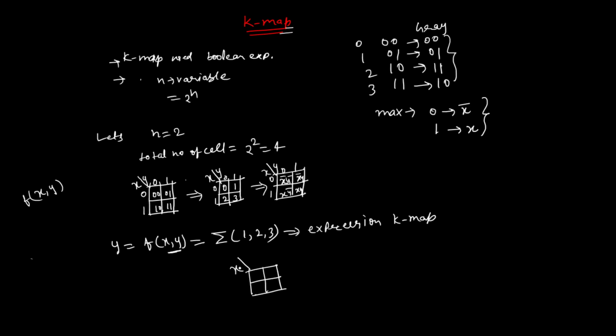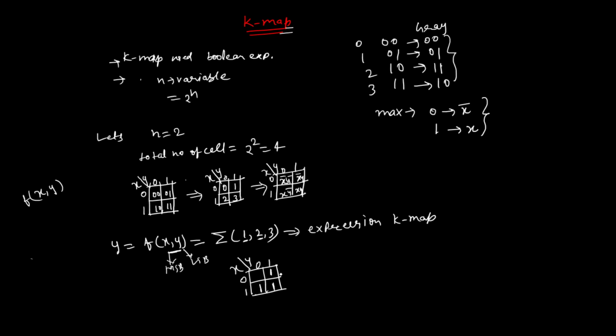So take x as the MSB, y as the LSB. So x and y, and take 0 1 0 1. Where the min term is coming at 1 position, so 1 is here, so take it as a 1, and at 2 position this, and then 3 position.